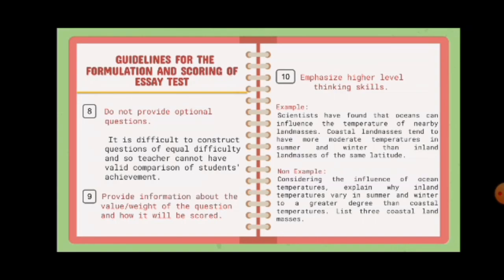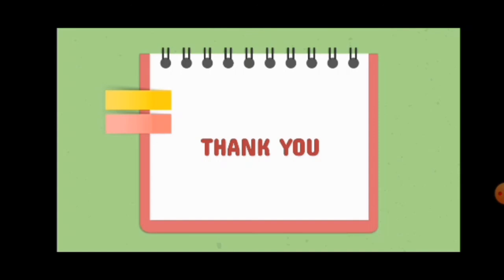Explain why inland temperatures vary in summer and winter to a greater degree than coastal temperatures. List three coastal land masses. So you can see that the first example was very detailed, while the non-example was not very detailed. Thank you.